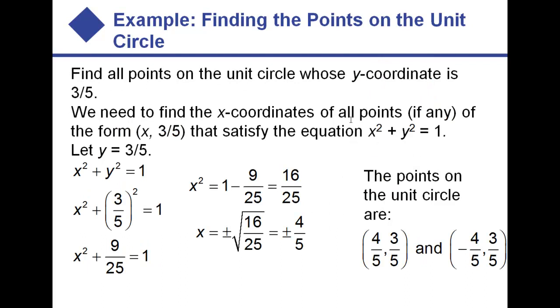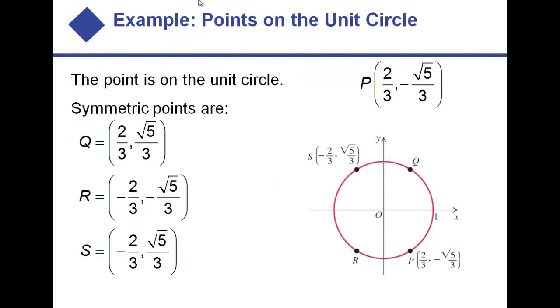How about if we want to find all the points on the unit circle that have the y-coordinate of 3/5? If you go back to the picture, it's kind of this idea of drawing a horizontal line at the height y equals 3/5, sorry, 3/5, not 3/4, and then finding these 2 points.